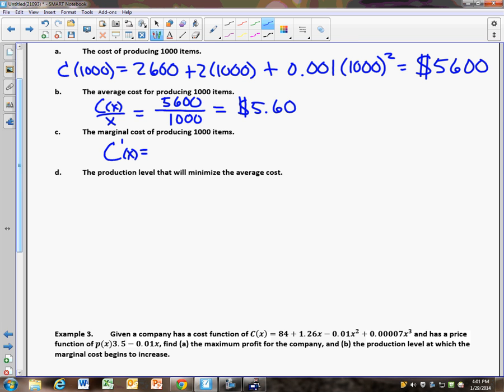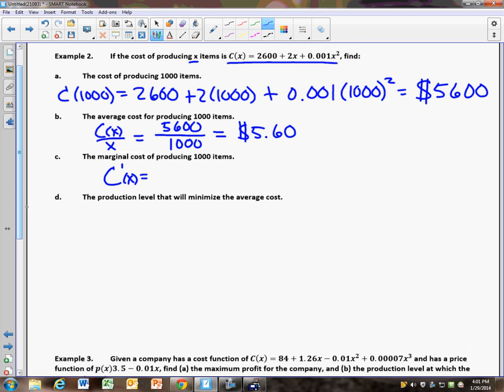I'm going to take the derivative of that cost function: the derivative of 2,600 is 0, the derivative of 2x is 2, plus the derivative of 0.001 x squared, which is 0.002 x.